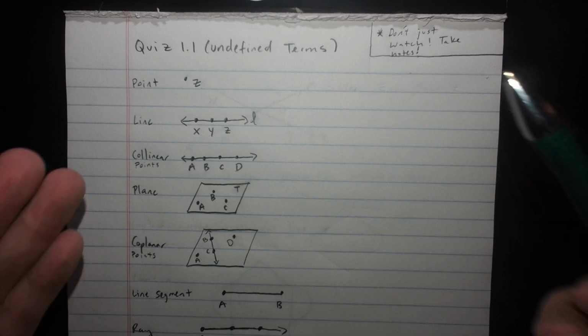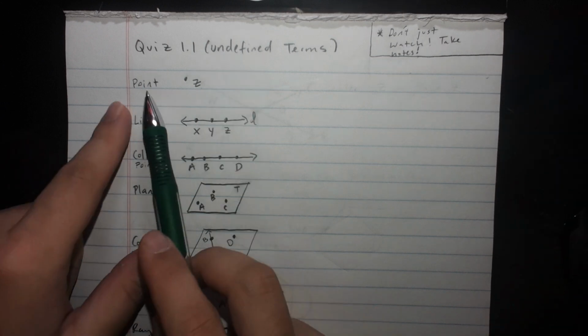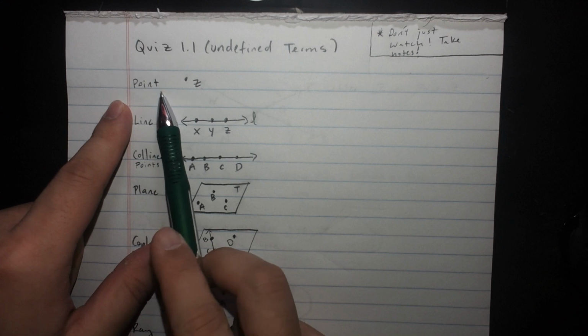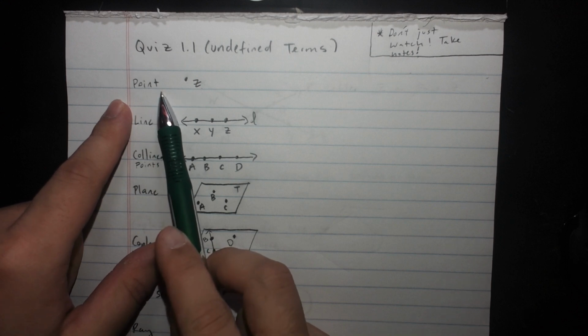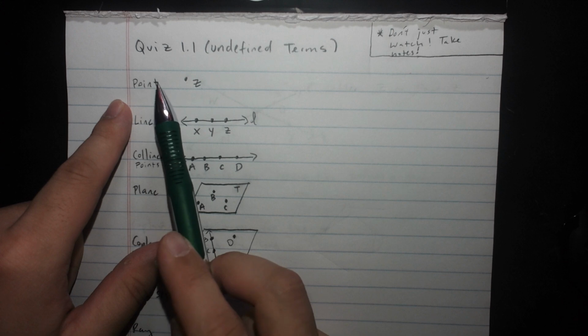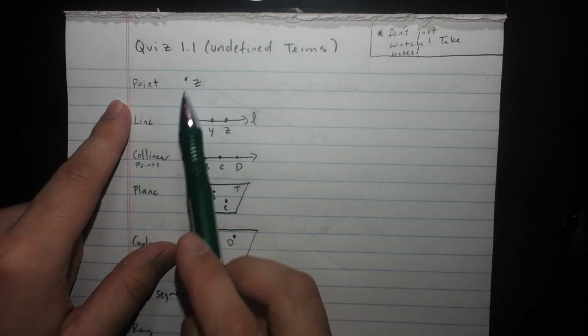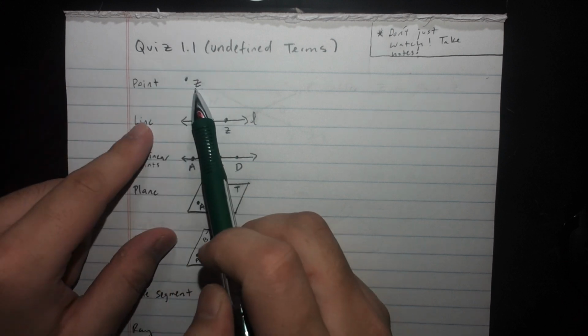So, first thing that we're going to do is look at all the terms that we discussed in lesson 1.1. We're going to figure out how we define each term. For instance, we have a point, which is a term. A point is a location. It's a dot you physically cannot see unless you create it or draw it. To name a point, we look at the capital letter right next to it.